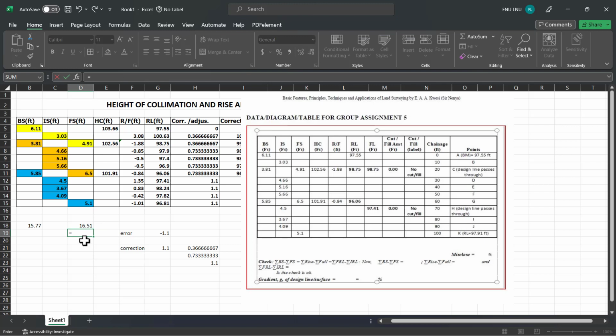The difference will be this one, backsight minus foresight. So I've got minus 0.74 as the difference between the backsight and the foresight. Now for the rise and fall equals to sum, since they are all together, choose all from here to here. So you can see I'm having the same difference, minus 0.74, then minus 0.74. So meaning that's one check. You're done with the first check.